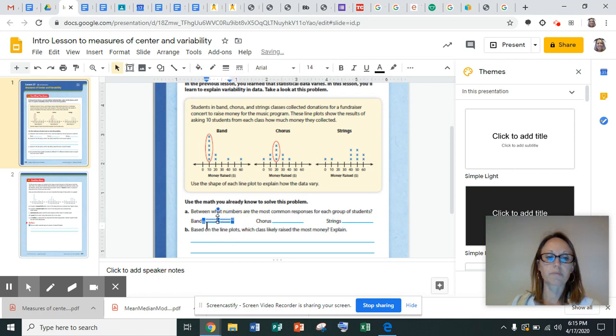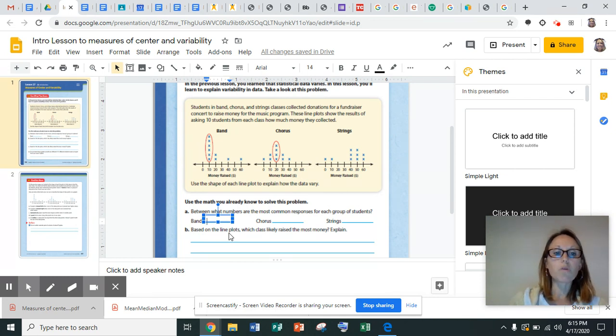That's not a very good text box, but I can make it bigger. Okay, so then when I click in here so that I can type, it says what the most students. So I have 1, 2, 3, 4, 5, 6, 7, 8. I have 8 students between 10 and 20. So I would put 10 to 20.